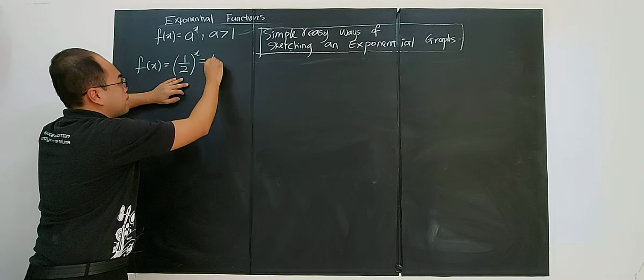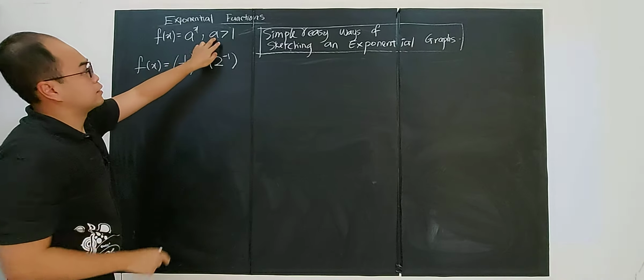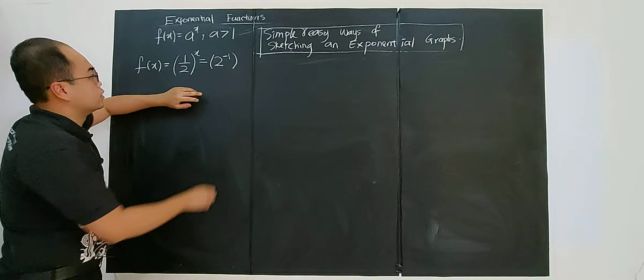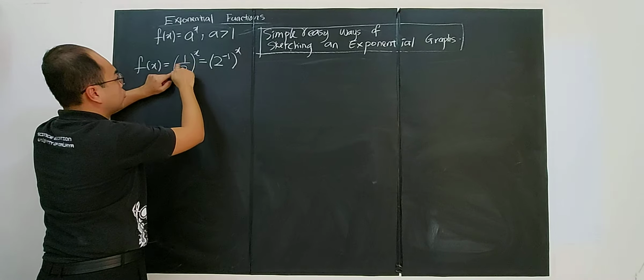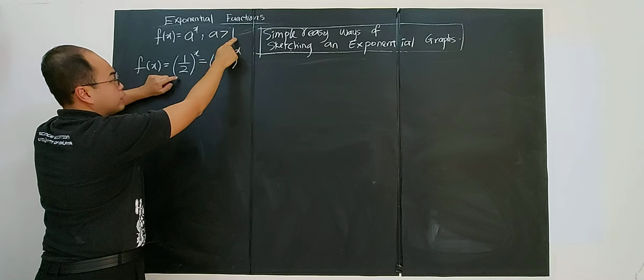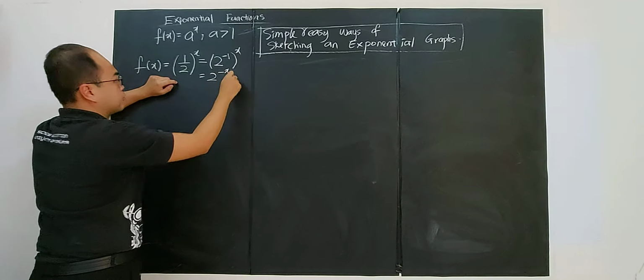So I will make this 2 to the power of negative 1 to fit my definition here. 1 over 2 is not greater than 1, but I can make 1 over 2 become 2 to the power of negative 1, which gives 2 to the power of negative x, right?